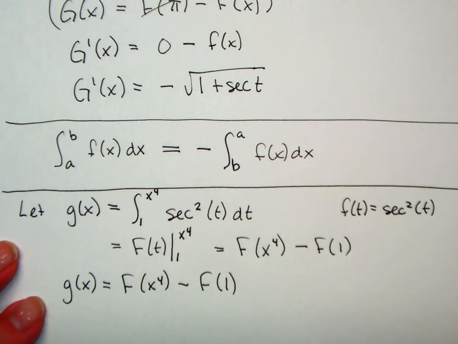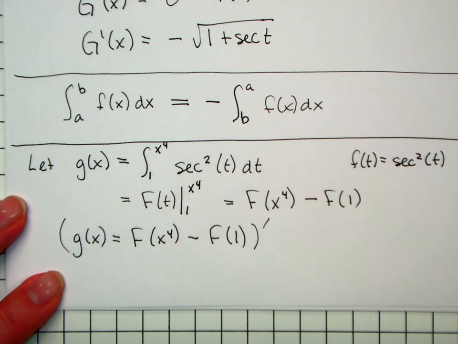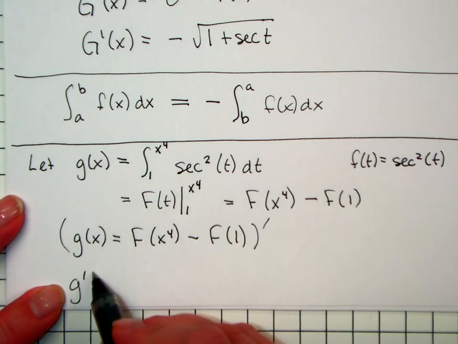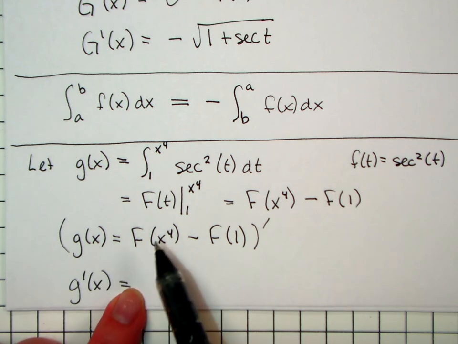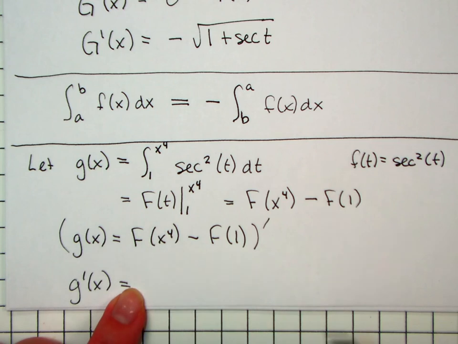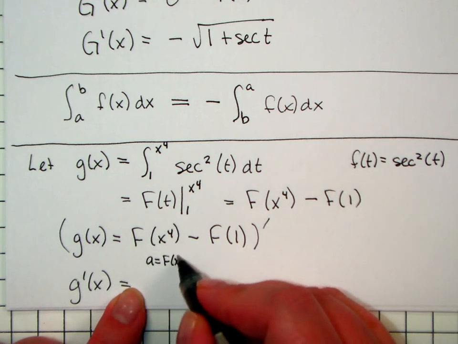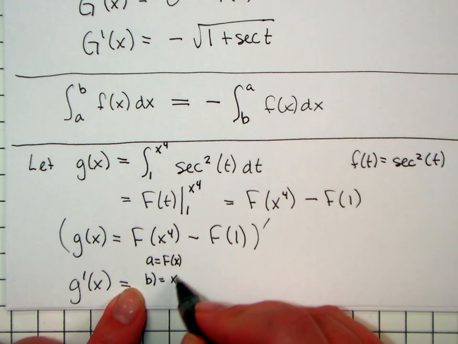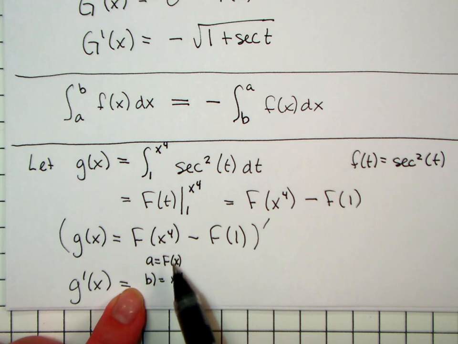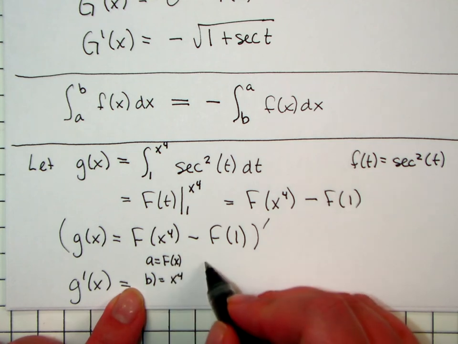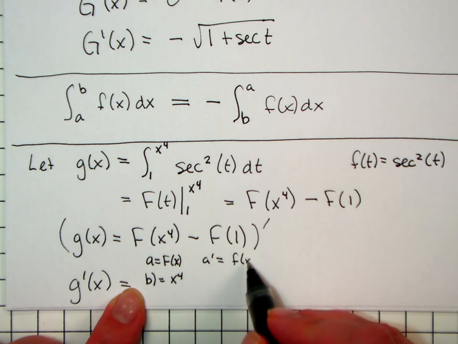But we want to find g prime of x, and so I'm going to differentiate this. Okay. So now when we differentiate, we're going to get g prime of x equals the derivative of capital F of x to the 4th. This really is a chain rule, okay, where the outside function is capital F, and the inside function is x to the 4th. So the derivative of the outside, the derivative of the antiderivative, gets us back to the original.